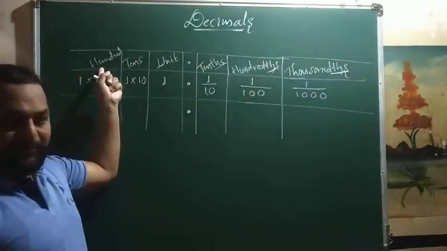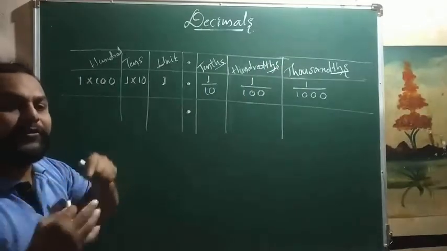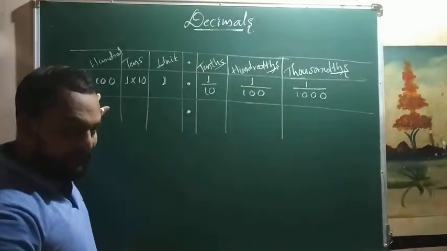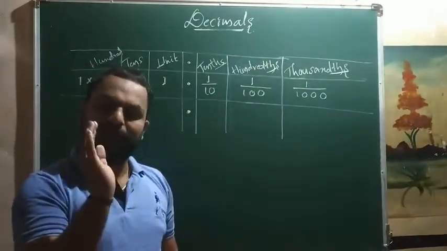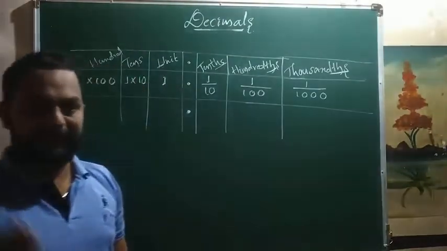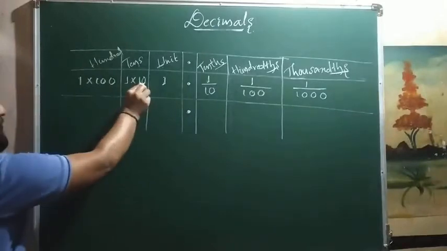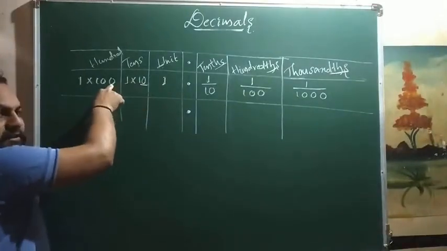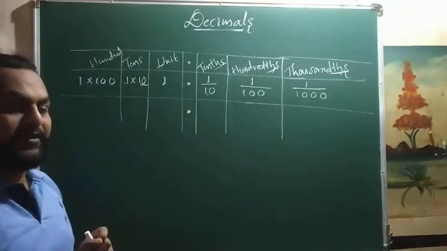Here, for hundreds we do 1 into 100, 2 into 100; we multiply. With whole numbers we keep multiplying, the powers, the multiples of 10: 10 ones are 10, 10 tens are 100, 10 hundreds are 1000.